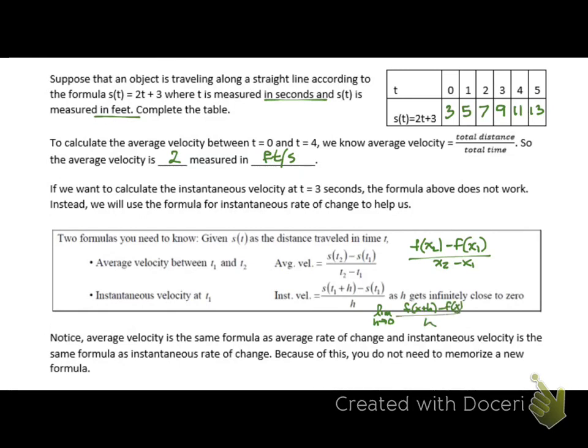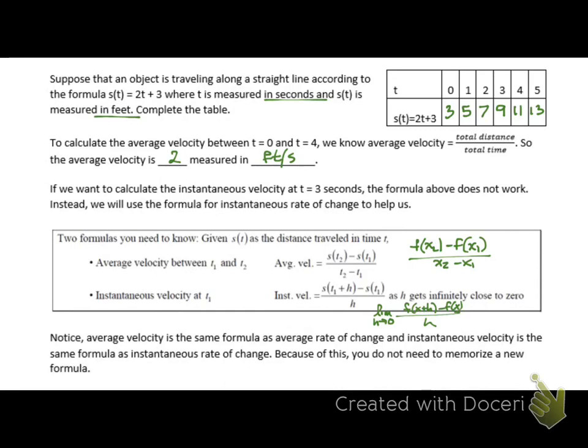Again, the f and the s are interchangeable, and the x and the t are interchangeable. And in the other formula that you saw, it was x1 instead of just x. So don't get bogged down by the formulas. Just remember, the instantaneous velocity is the same thing as finding the instantaneous rate of change, because velocity is that rate of change that we're worried about.